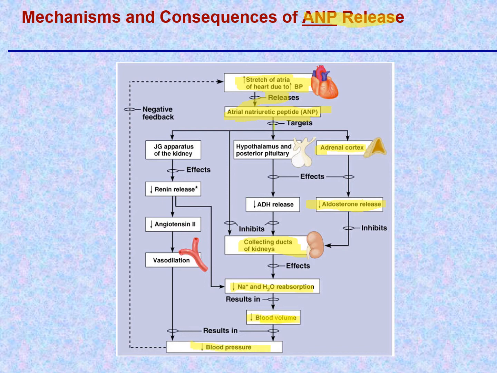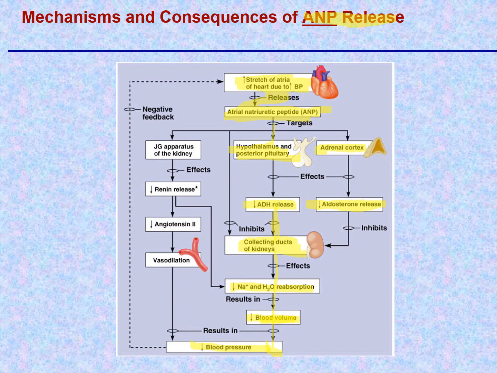The other thing it does is act on the hypothalamus and posterior pituitary to decrease antidiuretic hormone release. So it's an inhibitor of antidiuretic hormone release, and therefore inhibits water reabsorption in collecting ducts, dropping blood volume and blood pressure.